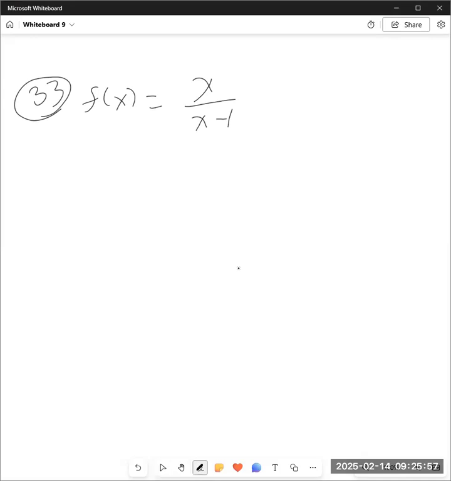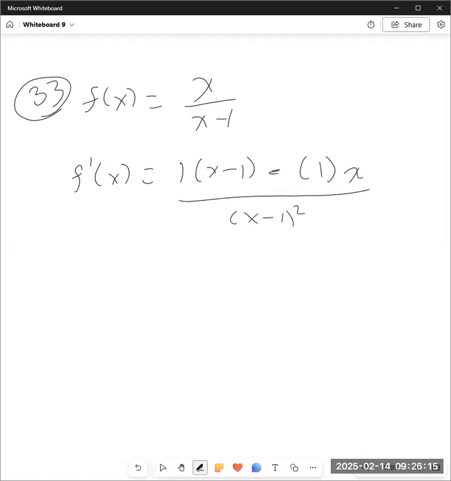And so we're going to want to find the first derivative here using the quotient rule. Derivative of the top times the bottom minus derivative of the bottom times the top, all over the bottom squared. F prime of x is equal to x minus 1 minus x over x minus 1 squared, which is equal to a negative 1 over x minus 1 squared.